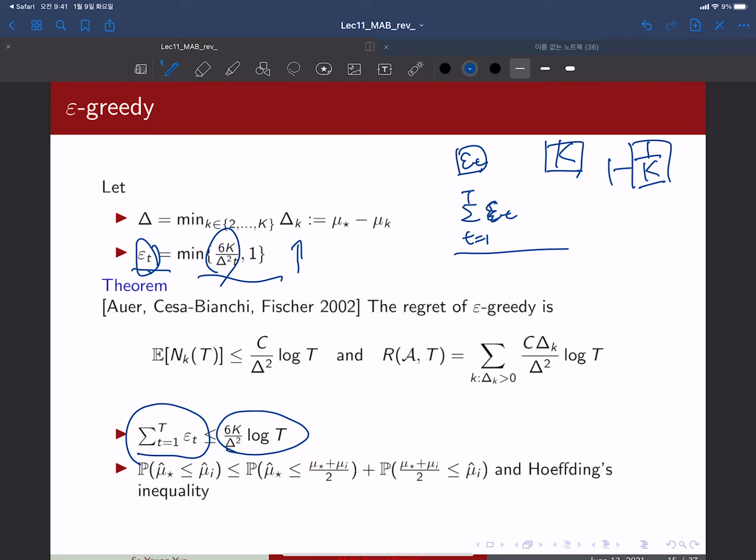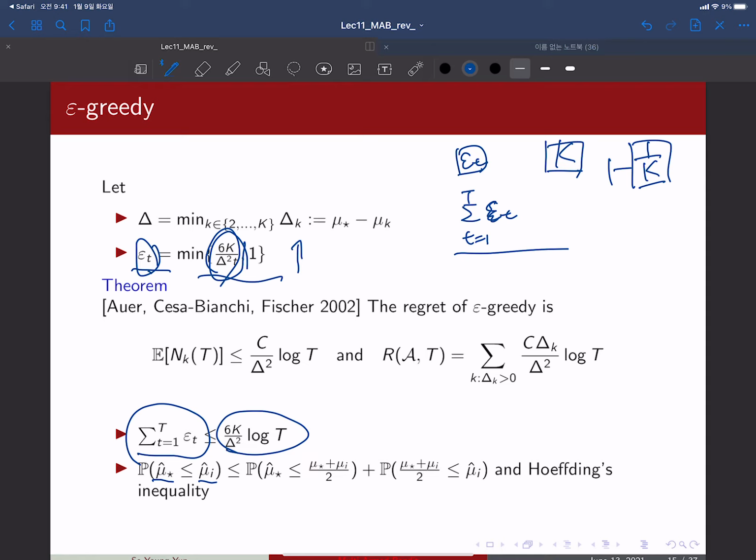Okay, but when you decrease this part, there is another issue, the concentration inequality part. In the concentration inequality part, what we do is analyze the empirical average of the best arm and the empirical average of any specific suboptimal arm i, and we figure out the probability that mu hat star is less than or equal to mu hat i.